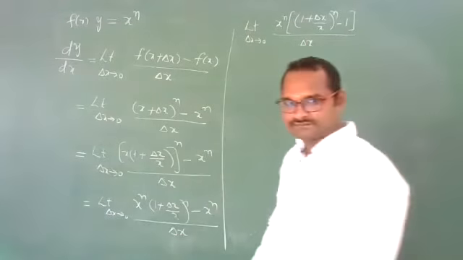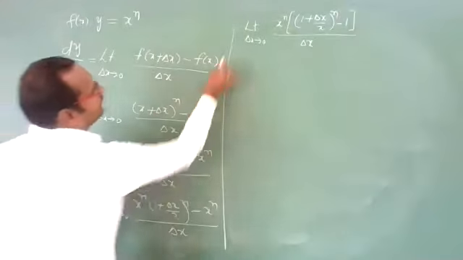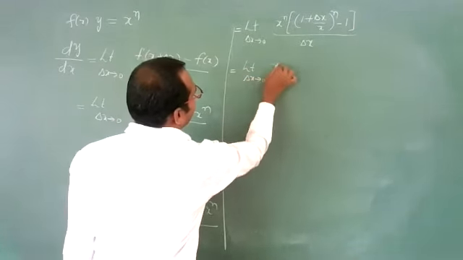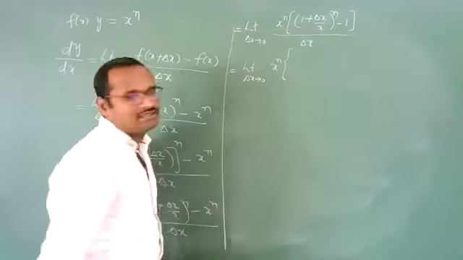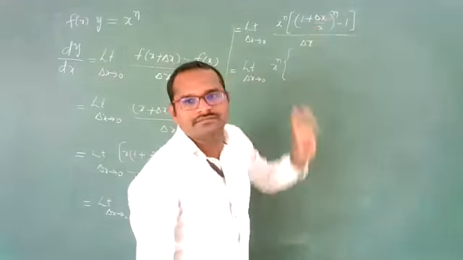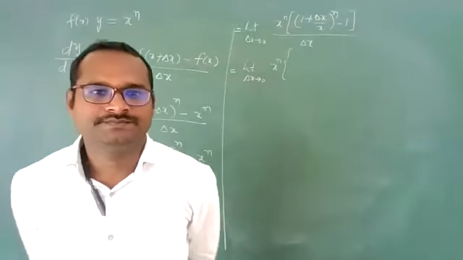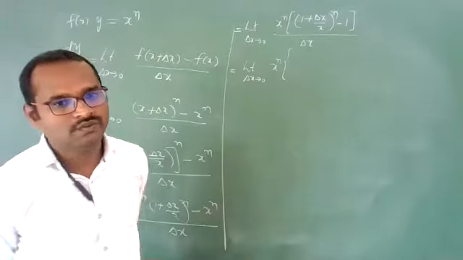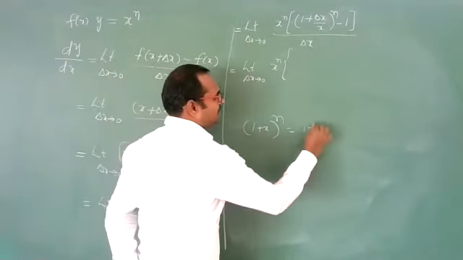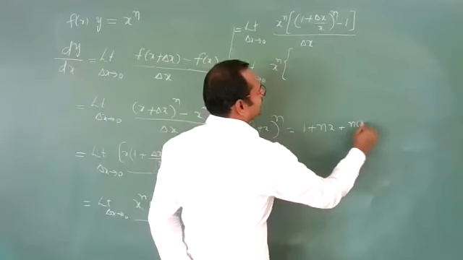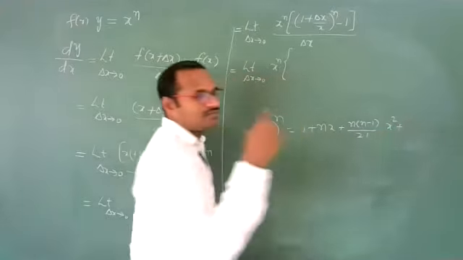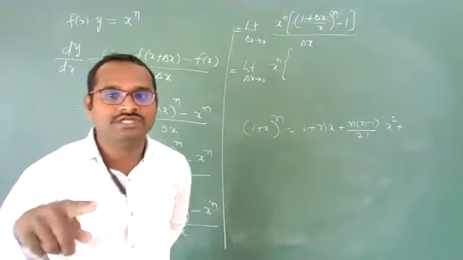Okay? Now you will get limit delta x tends to 0, x power n is there. Now see, it is 1 plus something whole power n, which means you can apply the binomial expansion. I have explained the binomial theorem, no? (1 plus x) whole power n can be written as 1 plus nx plus n(n minus 1) by 2 factorial into x square plus n(n minus 1)(n minus 2) by 3 factorial into x cube.